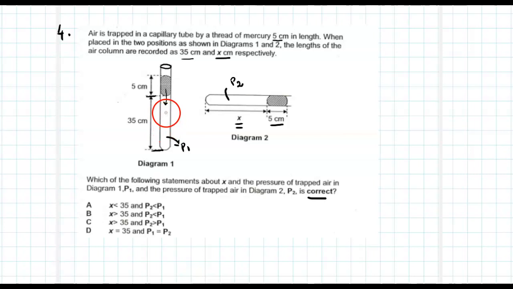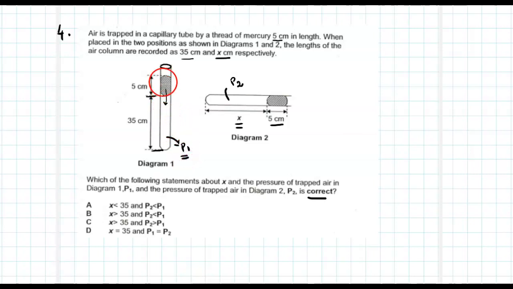As the pressure develops higher and higher, finally the mercury moving down is stopped and balanced by the pressure developed by the trapped air molecules. So the mercury stops going down. At this point the pressure is P1.